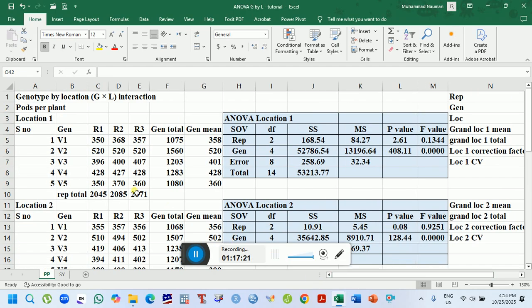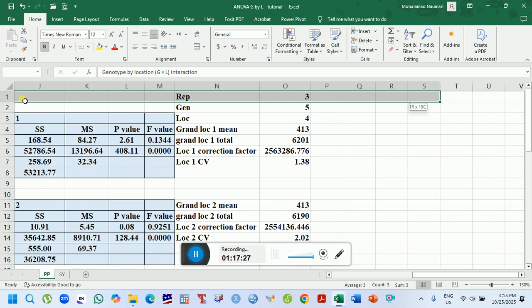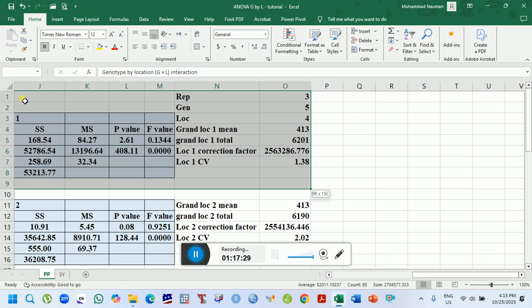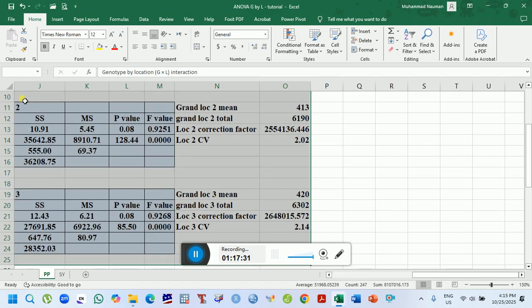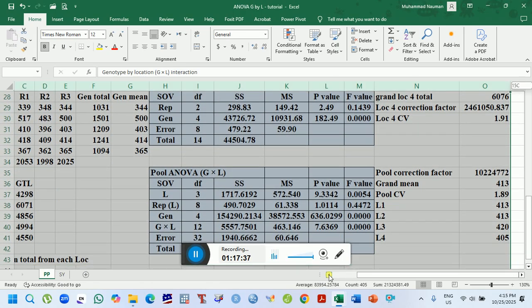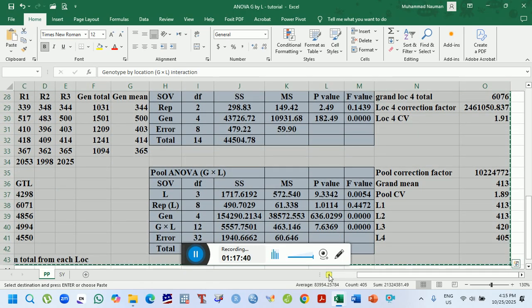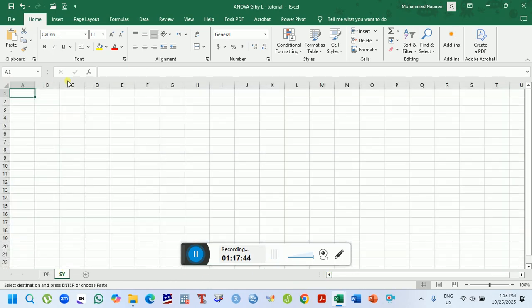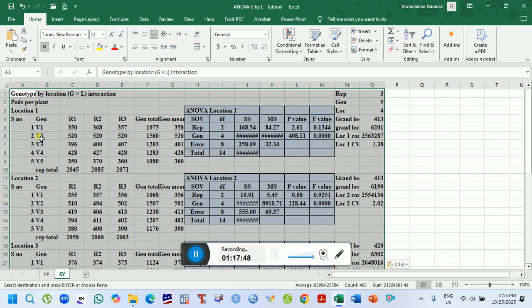So make the selection of the working sheet, press Control C, and paste it for the serial.